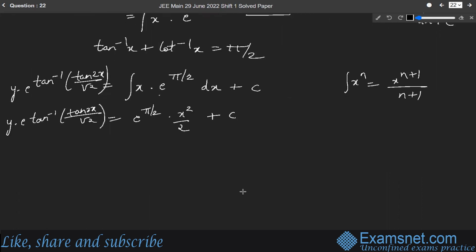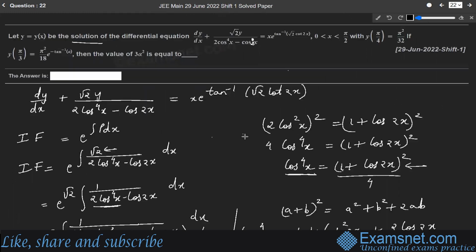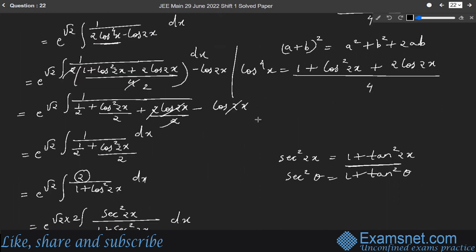Now we have to focus on the question. In the question, two different conditions are given here. y is equal to y of x, and y of pi by 4 is equal to pi square by 32.